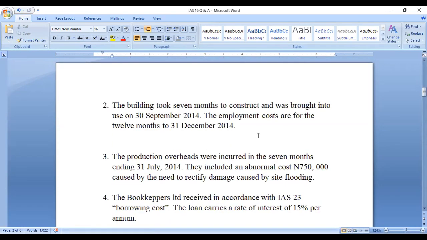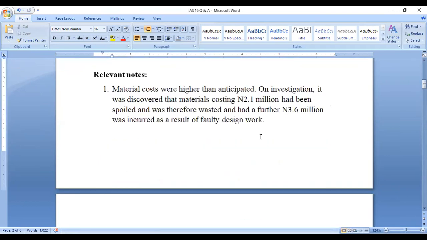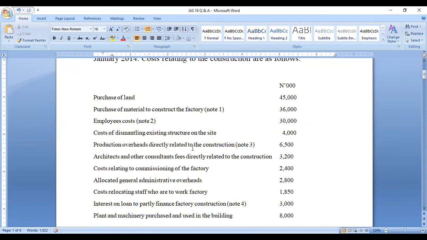They said the production overhead were incurred in the 7 months ending 31st July 2014, and it included an abnormal cost of 750,000, which was caused by the need to rectify damage caused by site flooding. Now, this cost is not directly attributable production overhead. So we are going to deduct this 750,000 from the 6.5 million.